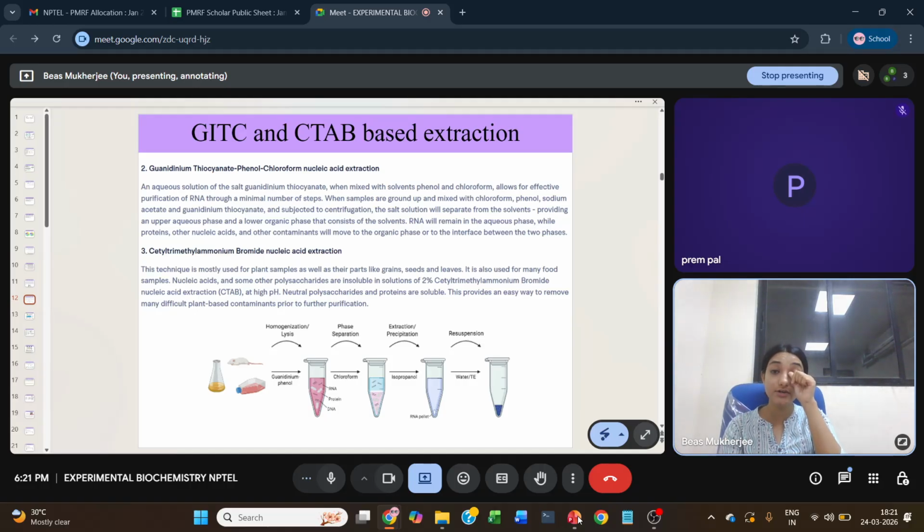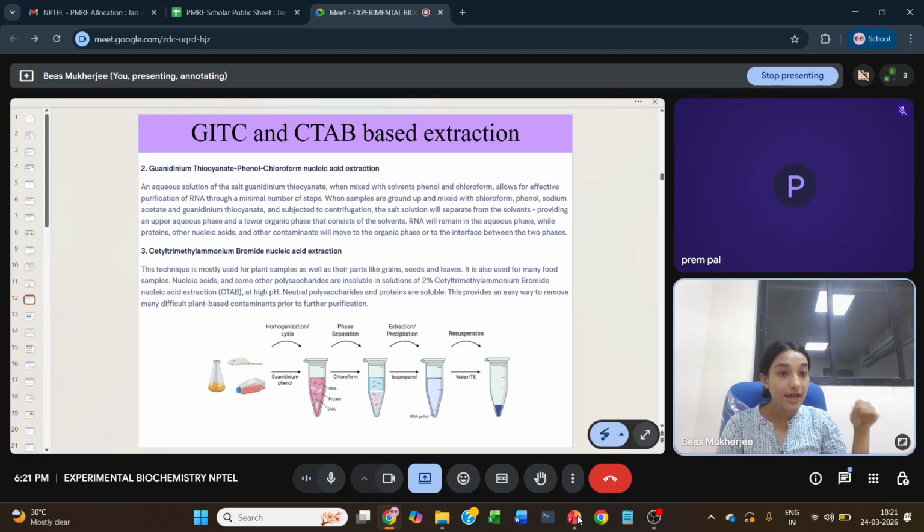If you look at the figure, you will see that guanidium is applied and phenol is also provided. Then what is happening? RNA, DNA, protein, all of these are present, and then you're adding chloroform. Then phase separation happens. The upper layer contains RNA.